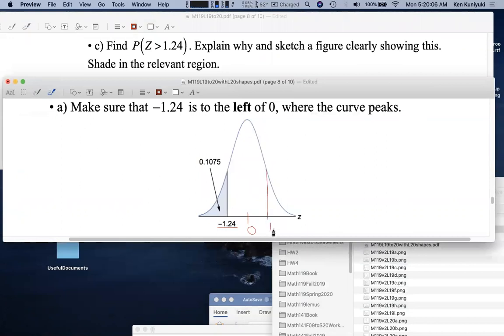Here's positive 1.24. And this bar here is symmetric to this bar over here. This region is symmetric to this shaded blue region over here. By symmetry, we get the same number. The 0.1075, which was the area over here, guess what? It's the same area over here.